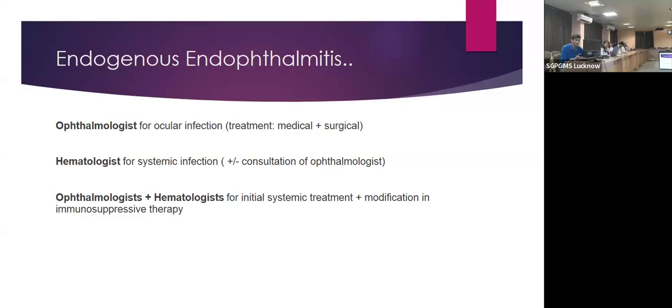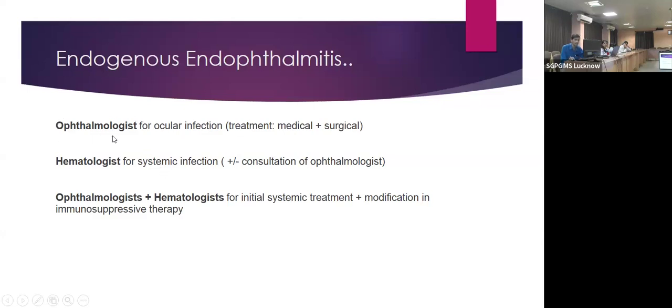So there is the role of each person. The ophthalmologist cares for ocular infection by medical and surgical means. The hematologist, actually, many times endophthalmitis is present, but no other problem is being faced by the patient. There is no other focus identified. There is no bacteremia. There is no fungemia.